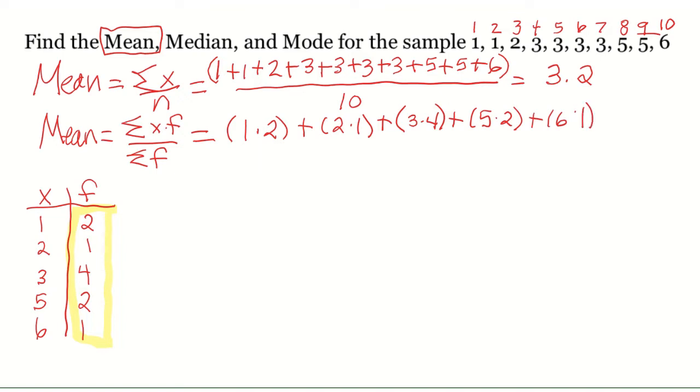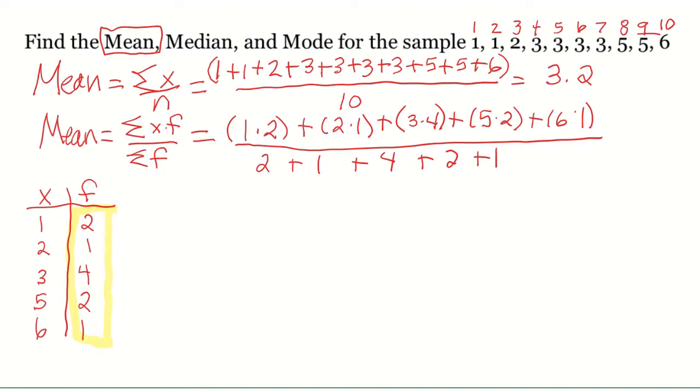That's going to be all of our values. And then we know that our sample size is 10 because we added it up from above. But if they hadn't given it, then we would want to add this column of frequencies together. So that's going to be 2 plus 1 plus 4 plus 2 plus 1.